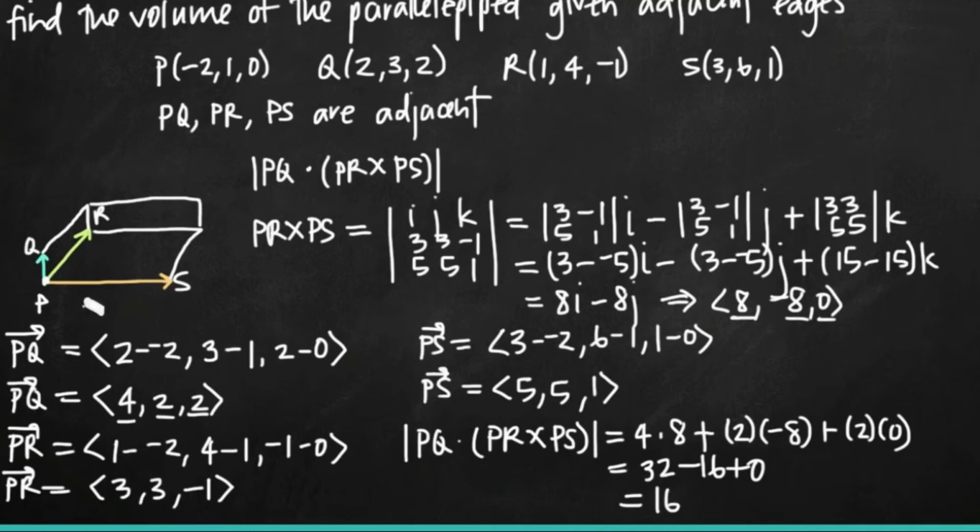That's the ith component of P2 times the I component of this cross product, that's 4 times 8, plus the jth component of P2, which is 2 times the jth component of the cross product, negative 8, plus the kth component of P2, which is 2 times the kth component of the cross product, which is 0. So 4 times 8 gives us 32 minus 2 times negative 8, which is 16, plus 0. So finally we get 16 as the volume.